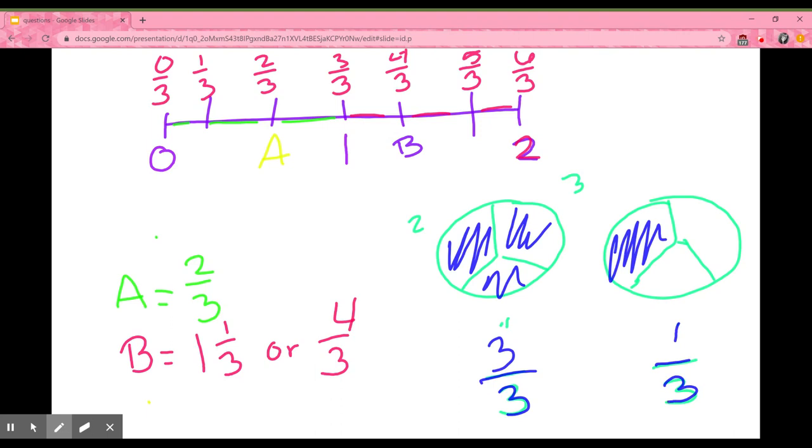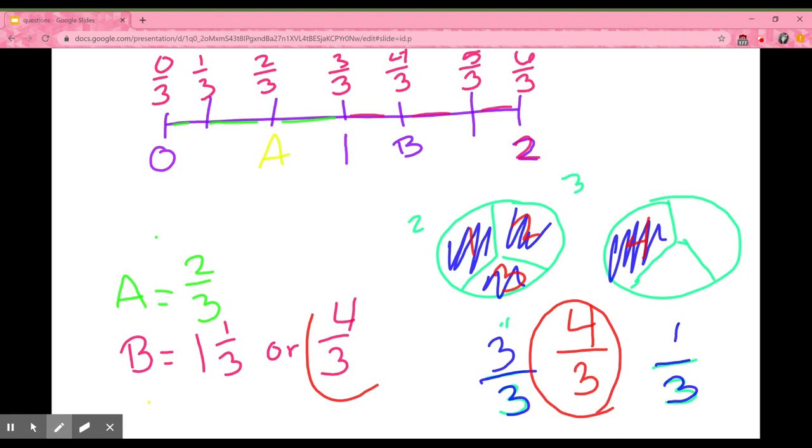If we look at how many pieces were eaten, we're going to get the same answer. Watch. On this pizza, we had 1, 2, 3/3, but we had one more third, so we had 4 pieces, but the pieces were broken into thirds. 4/3.